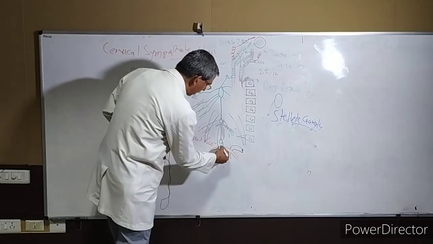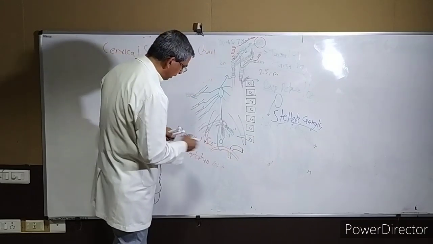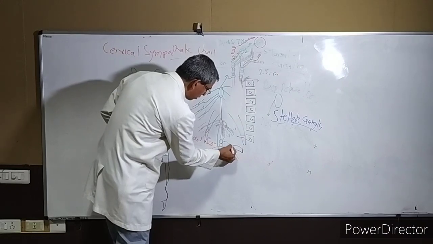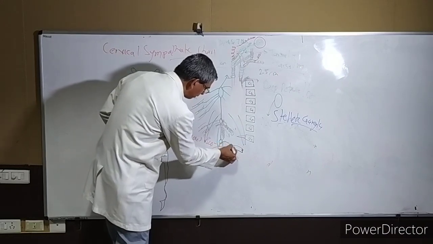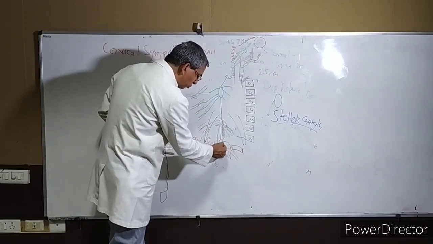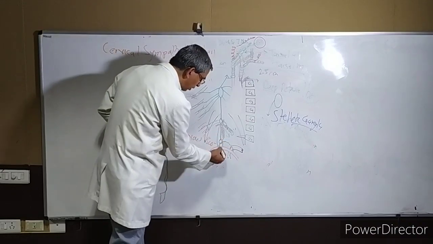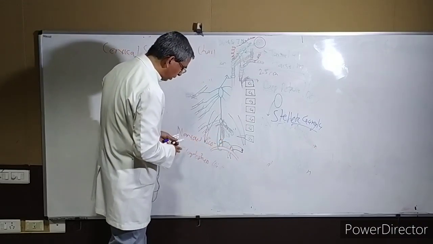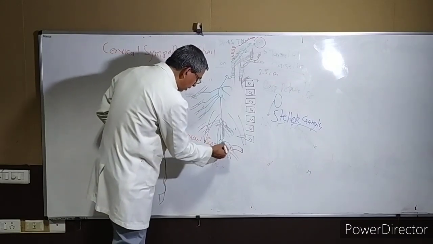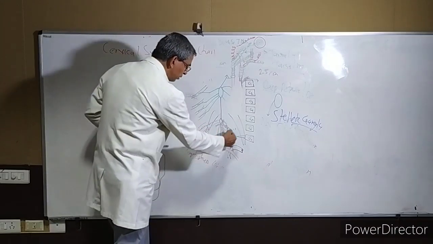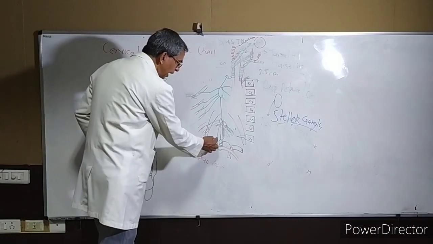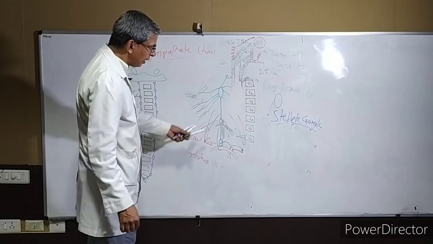Here the apex of the lung is there. Behind the apex of the lung, and medial to the costocervical trunk. The costocervical trunk comes from the first part of the subclavian artery and passes above the apex of the lung, so it is just lateral to the costocervical trunk. So this is the exact location of the inferior cervical ganglia.